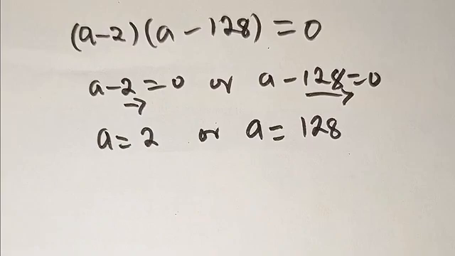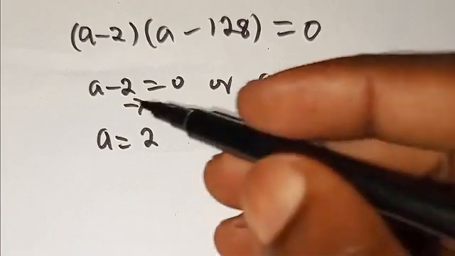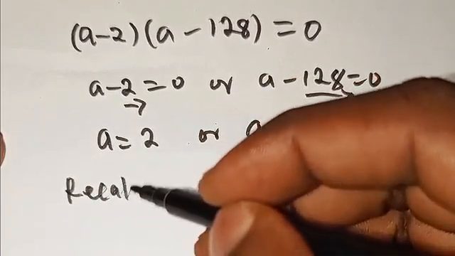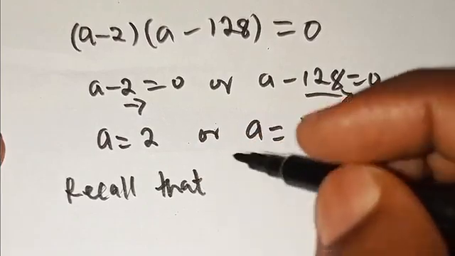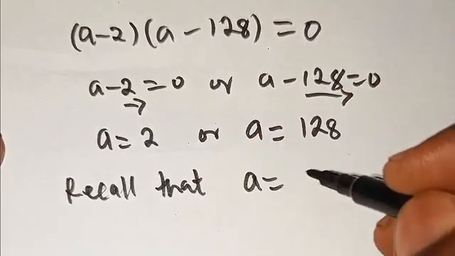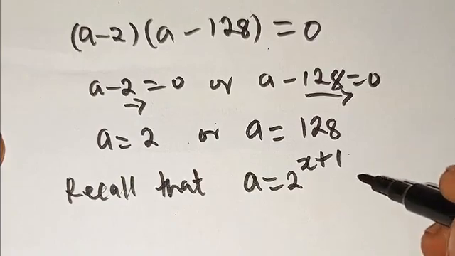So now the next thing we're going to do is that you know that a is just a variable that we introduced. So we need to recall that from the beginning we said a equals 2 to the power x plus 1.